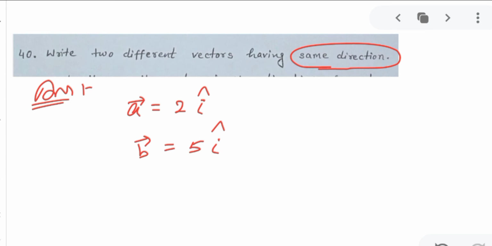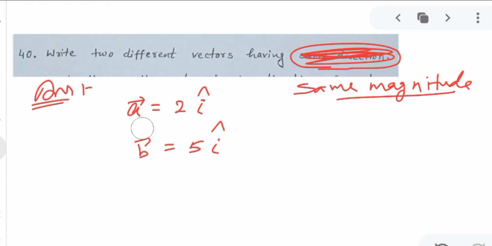The question can also ask like this: write two different vectors having the same magnitude, instead of the same direction. This time we have to write vectors which have the same magnitude but the direction will be different.